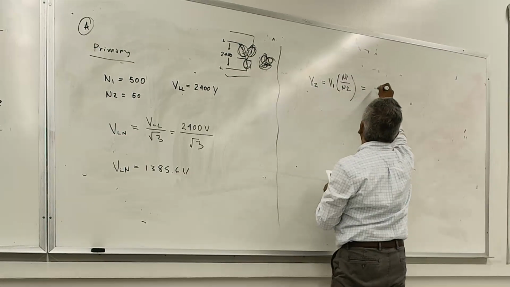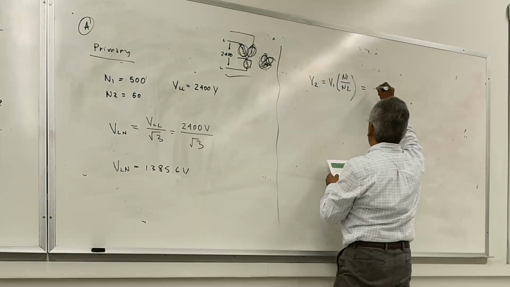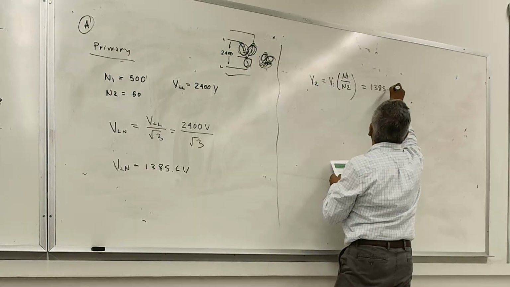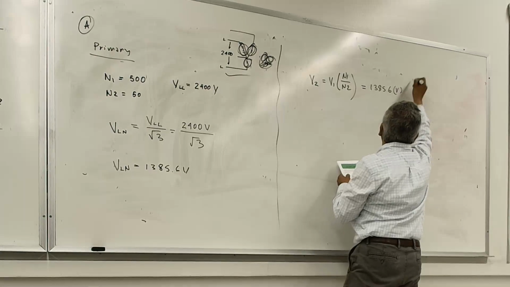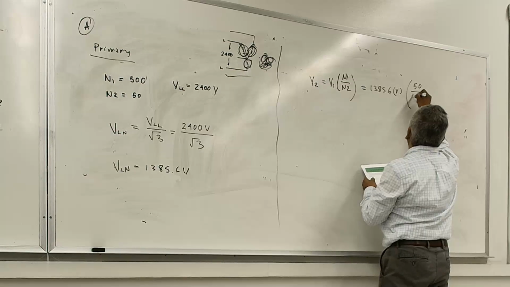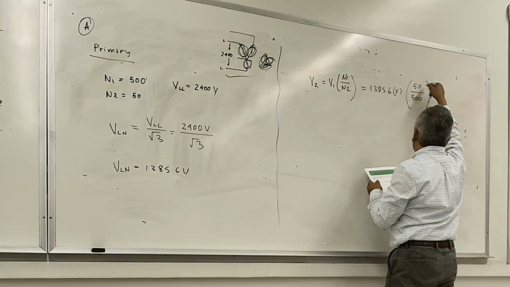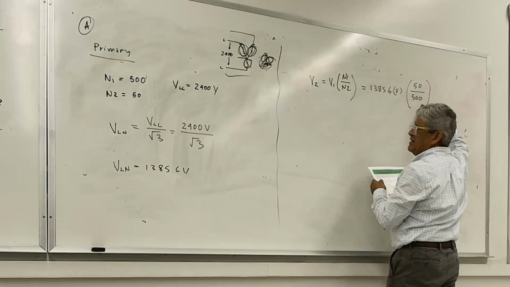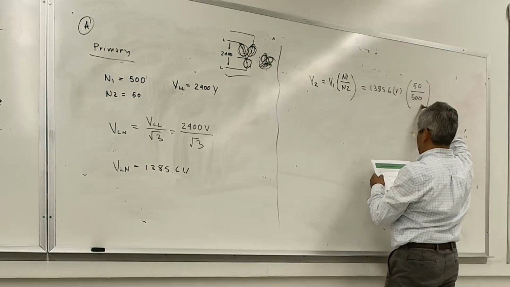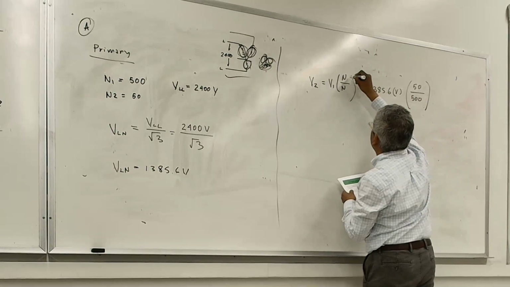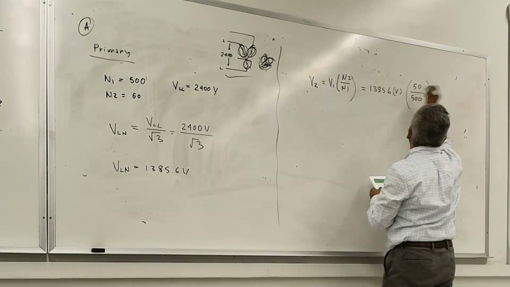So this is equal to 1,385.6 volts times the turns ratio, 50 to 500. Oh, I'm sorry, it's N2 over N1. Correct that.